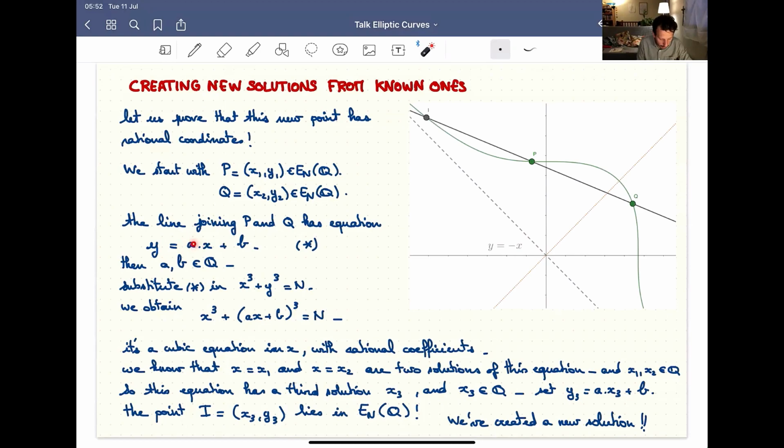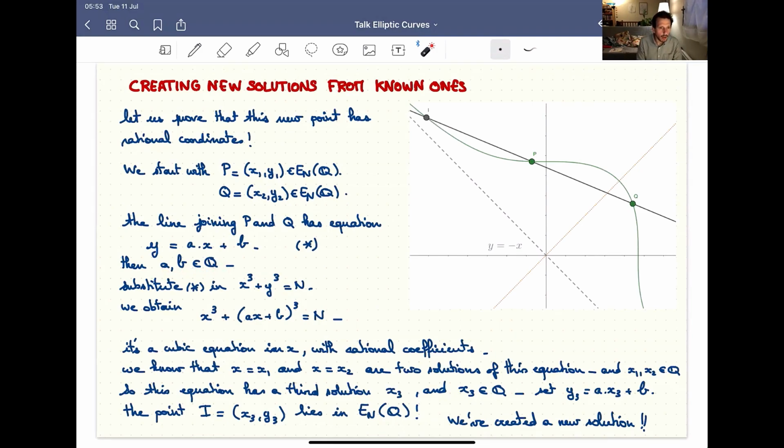This line has a slope, called a, and I'm not sure about the name of this other parameter, but you can find a and b such that the line is given by y equals ax plus b, right? Doesn't sound very surprising. And also, you know that this line goes through P and Q, and you have two points on this line, so you can certainly find formulas for this a and this b in terms of x1, y1, x2, y2. And if you do this, then you realize that a and b have to be rational numbers.